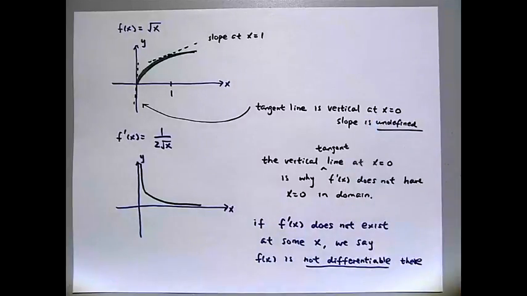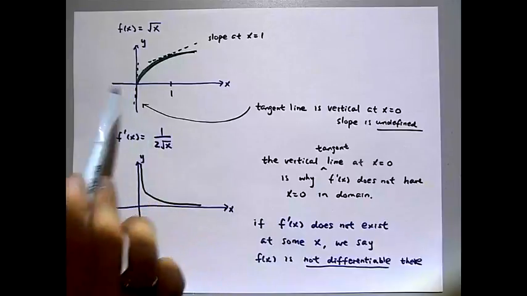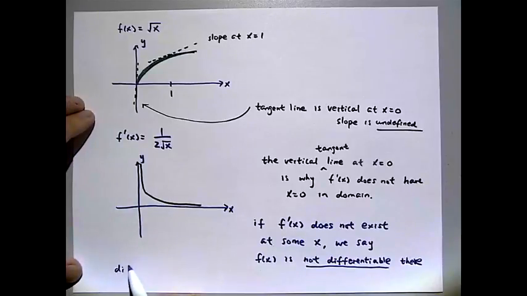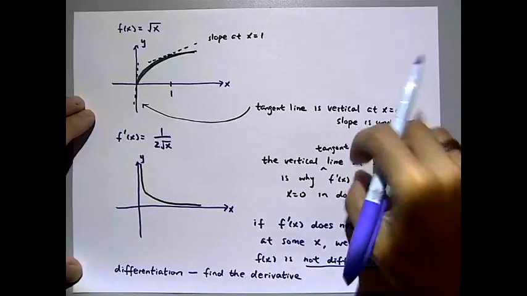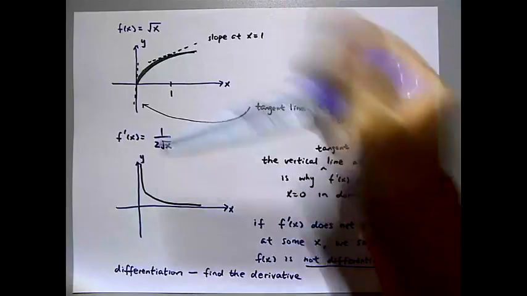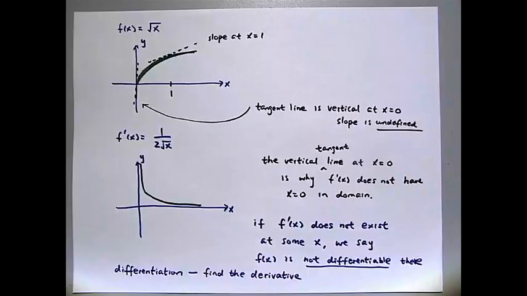So here we would say that the function radical x is not differentiable at 0 because f prime fails to exist at 0. The word differentiation means to find the derivative. Not differentiable means you cannot differentiate that function because it does not have a derivative.